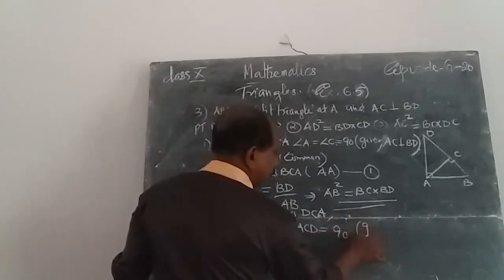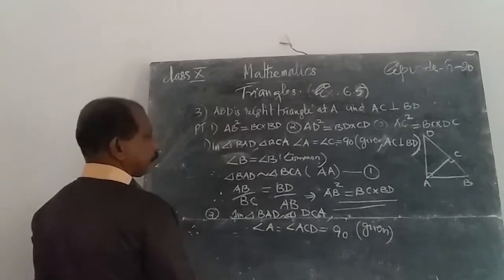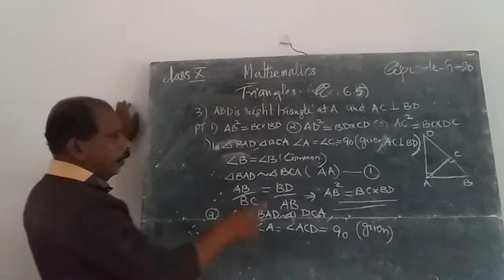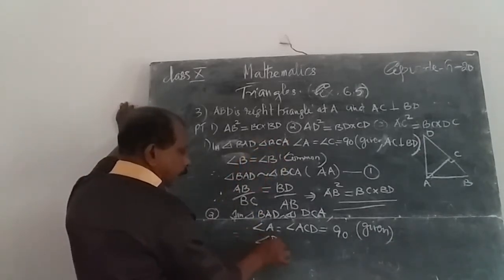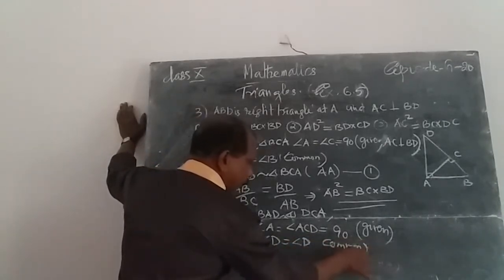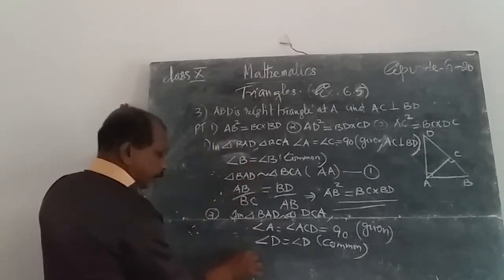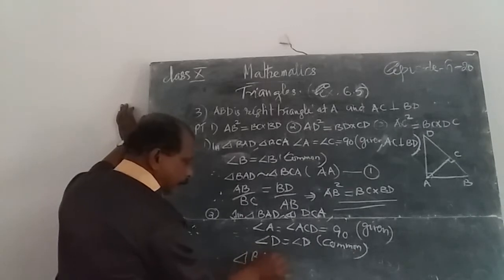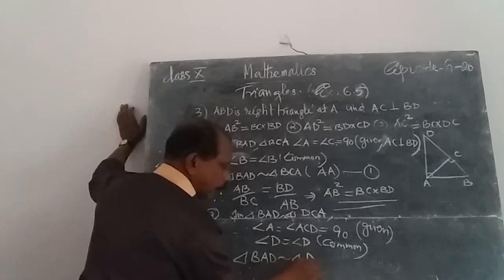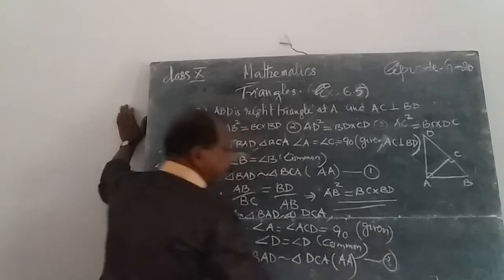That is given. Angle D is equal to angle D, common. Therefore, triangle BAD is similar to triangle ACD by the angle criterion. That is equation number 2.